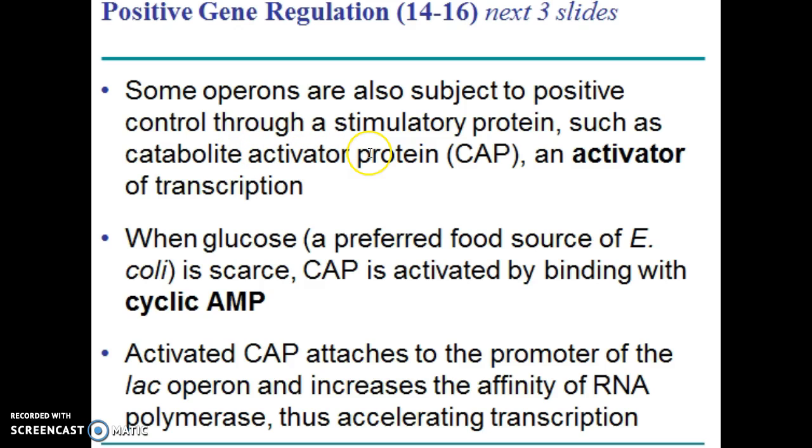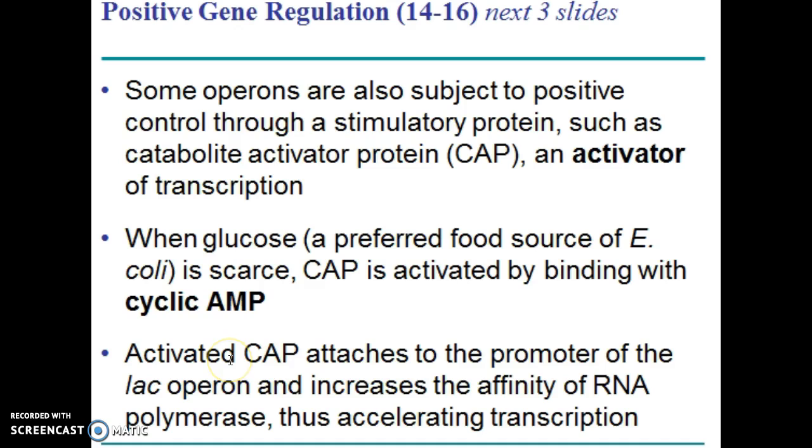It's an activator protein that positively controls the operon. How does it work? It works when glucose is scarce, which will cause CAP to be activated by bonding with cyclic AMP.